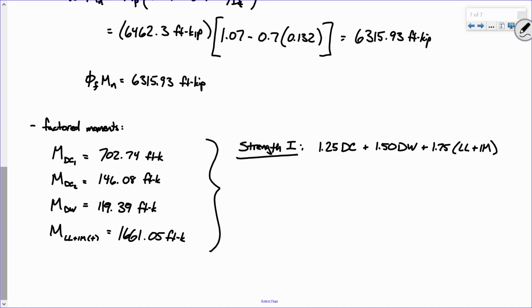Remember that? Sound good? So if I do that, I calculate the following. So I say, all right, let's take 1.25 times this plus 1.25 times this plus 1.5 times this plus 1.75 times this. And I go through and add that up, plug and chug, and that'll give me a value of 46.96 foot kips.